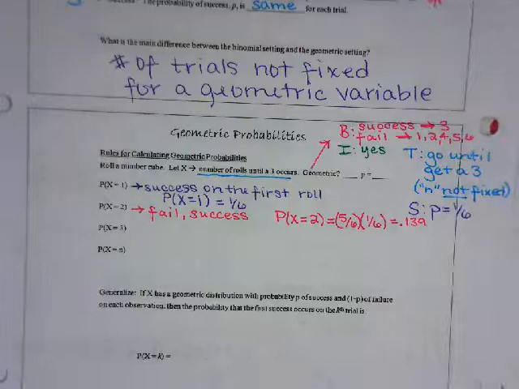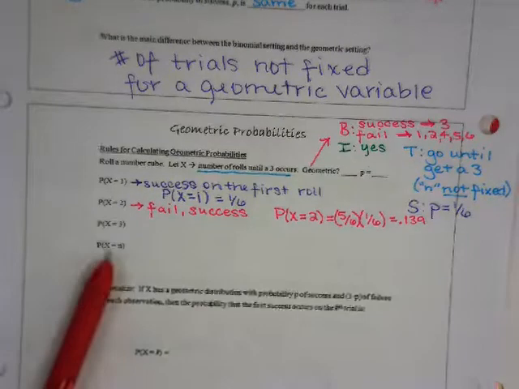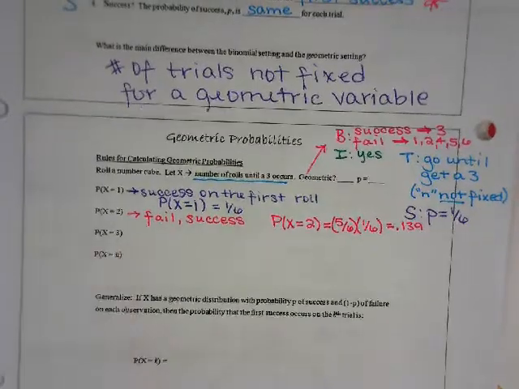So what's the probability I have to roll the dice 3 times before I get a 3? That would be fail, fail, then a success.